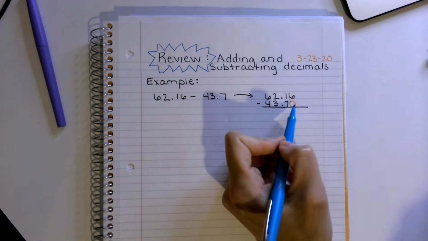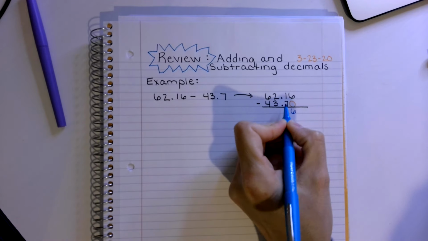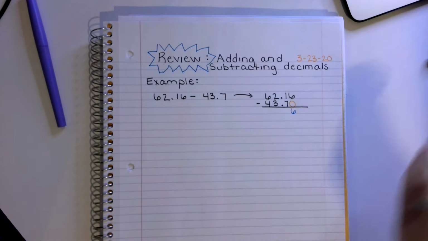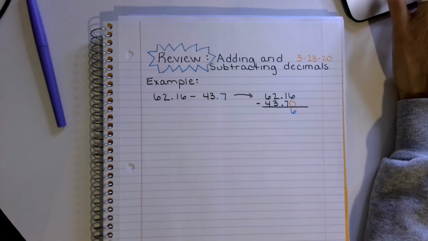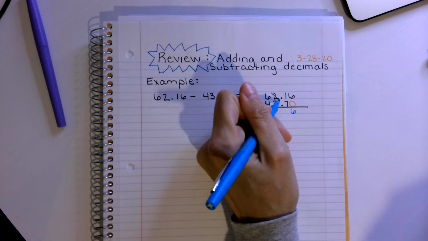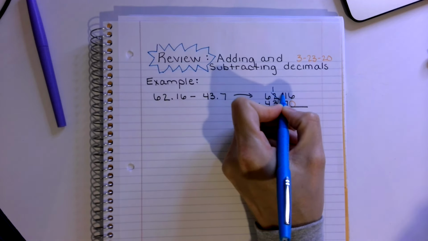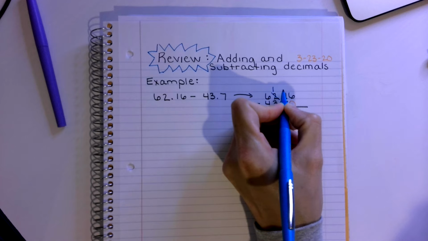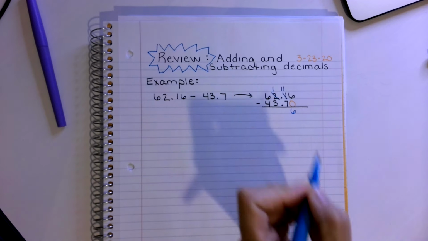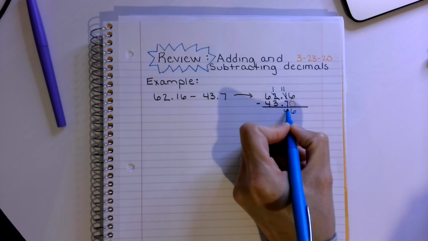So 6 minus 0 is 6. 1 minus 7. Can you do it? Nope. So you got to borrow. So you're going to borrow from your 2. Taking 1 from the 2, so you have 1 left over. You're adding a 10 over here to that 1, so you're going to have 11. So 11 minus 7, 4.